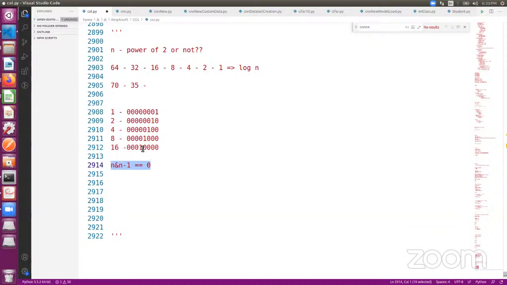Suppose you take 15. 15 minus 1 is 14. So 15 and 14.